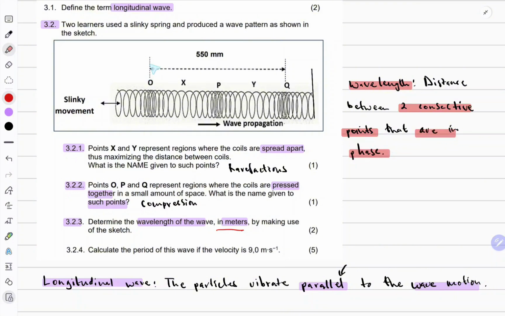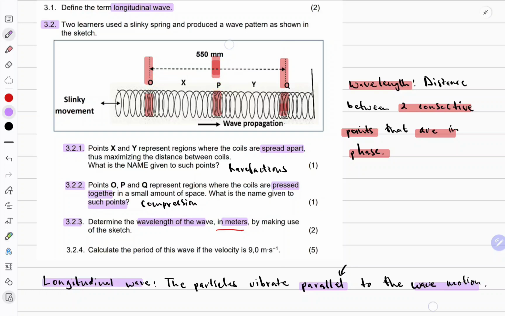Now if you consider these two points, they both fall under compression, so they are points in phase, but these are not consecutive. Remember, consecutive means points that are following each other. So a point like this at point P, that would be consecutive points. O and P make up consecutive points.